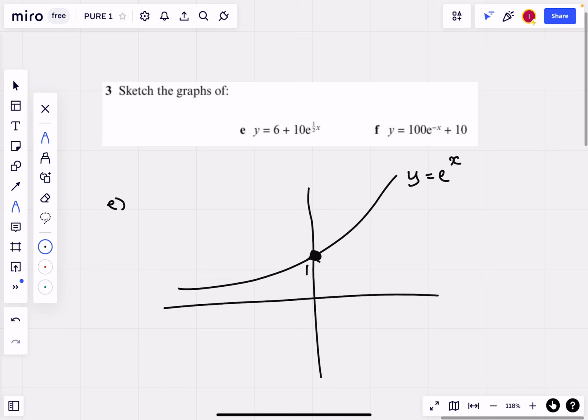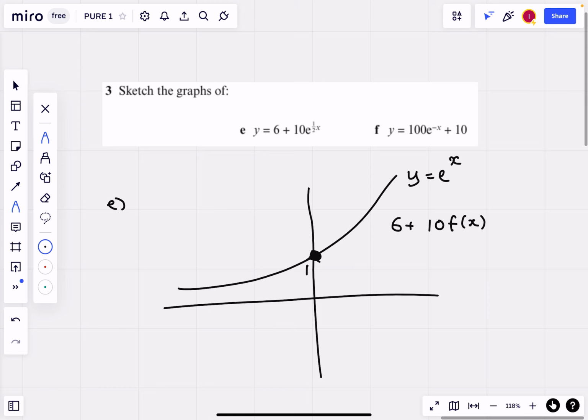According to the transformations, to the y values, I am timesing by 10 and I'm also adding 6.